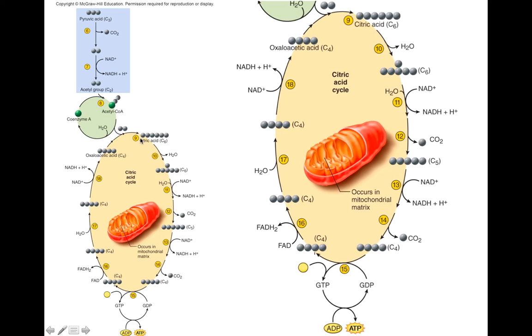So if you're asked for each molecule of glucose, how many of these products are produced, then you'd say 2, 4, 6 NADH plus H, 2 FADH2, and 2 molecules of ATP. So that's how much is produced per molecule of glucose. Remember, it is split to make 2 pyruvic acid. So you have 2 turns of the citric acid cycle per molecule of glucose.